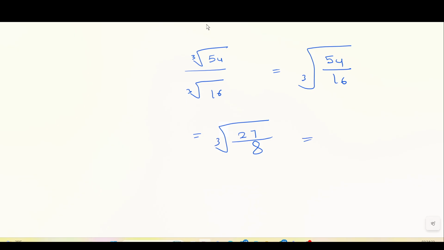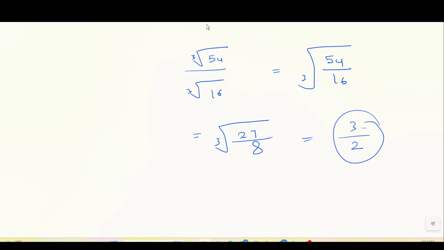Basically, we know the cube root of 27 is 3 and the cube root of 8 is 2. So the answer is 3 over 2. Clear? So you just divide them.